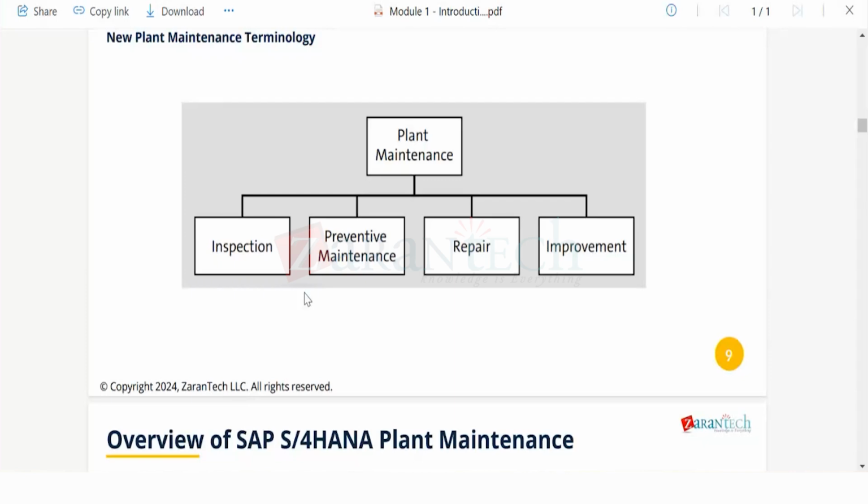All the parameters that are defined will be checked first, and only then can the maintenance be completed. So this is the calibration process, and this is highly integrated with the quality maintenance process. And improvement plans are also introduced here.